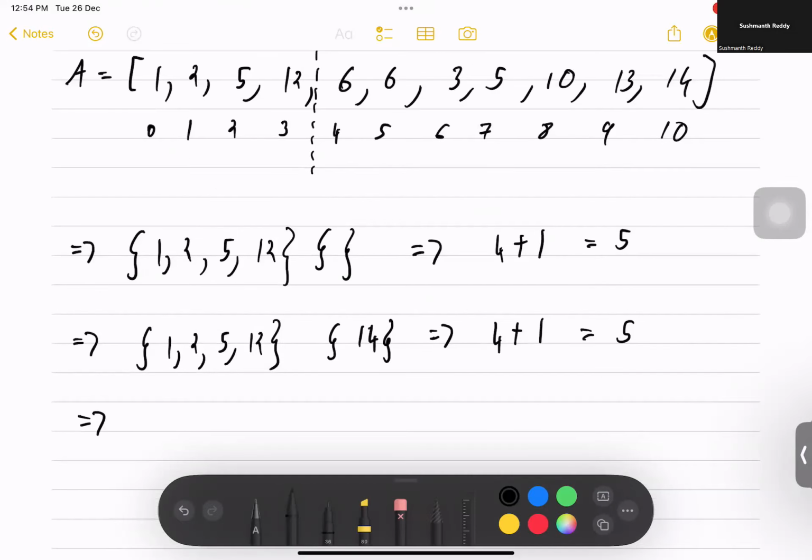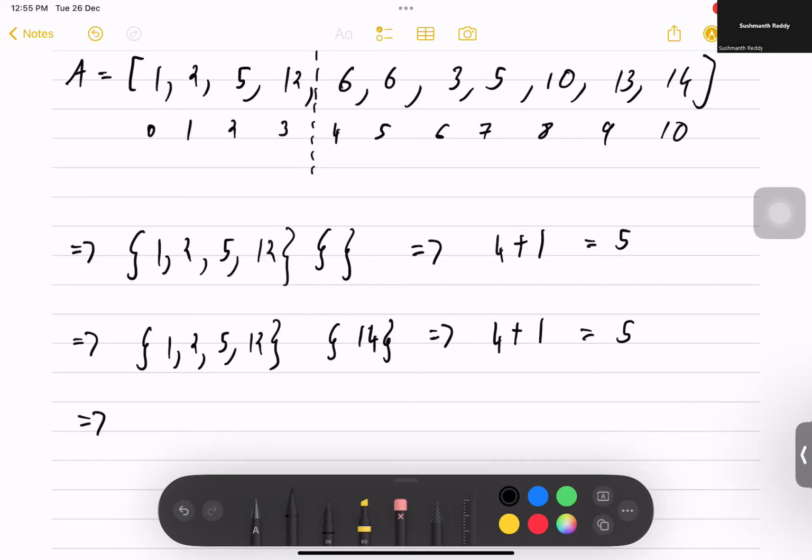Now to find out till which point in the prefix, to find out the longest prefix, what we can do is we can binary search for the smaller value, considering the endpoint of the suffix. Basically, if we consider 14 as the suffix, the starting point of the suffix is 14.